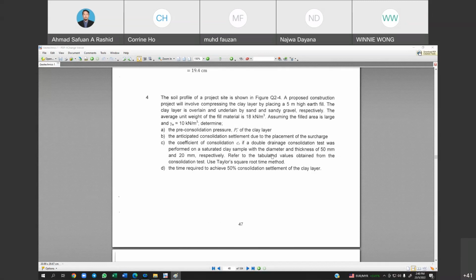Refer to the tabulated values obtained from the consolidation test. Use the Taylor square root time method to determine the CV. Finally, the time required to achieve 50% consolidation settlement of the clay layer.